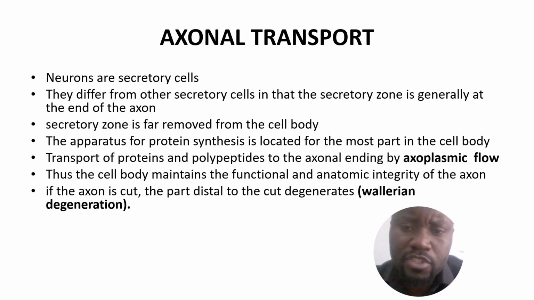Axonal transport is the transportation of material in the axon. We've seen that the physiological function of the axon is not only to transmit impulses, but also to allow materials to move within the cytoplasm from the manufacturing center, which is the soma, to the terminal, and also from the terminal, for materials needing recycling, back to the soma.